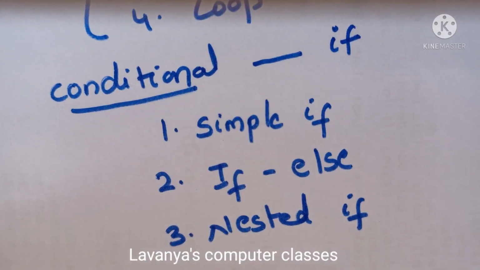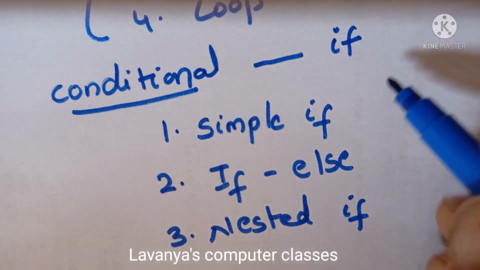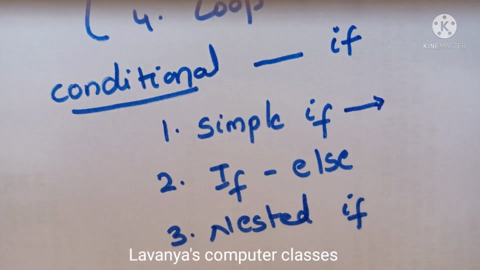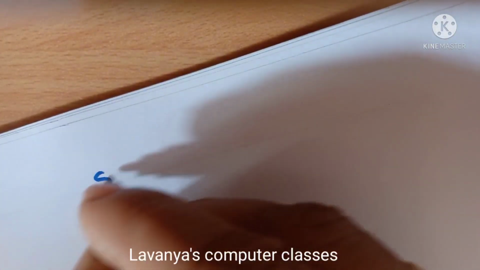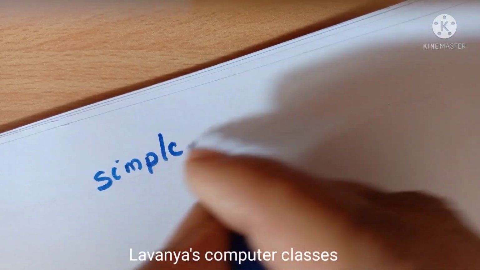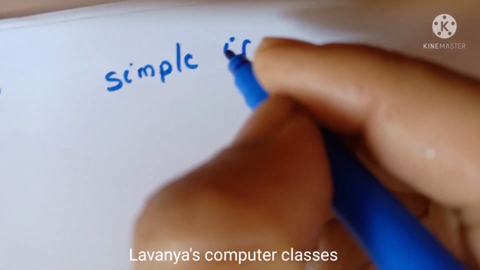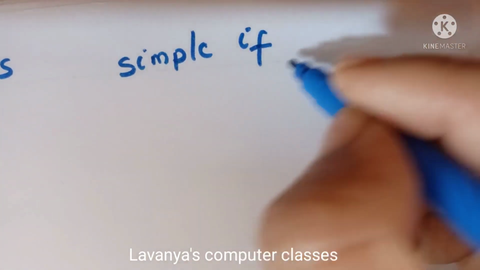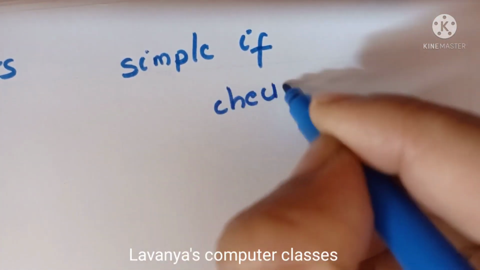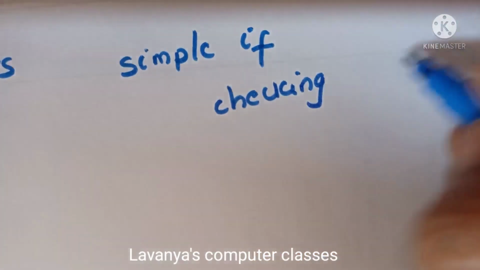First we go for the simple if statement. As the name says, it is only a simple if, there is no else. So what is the use of the simple if statement? It is used for checking the condition, because we already know it is a conditional statement.